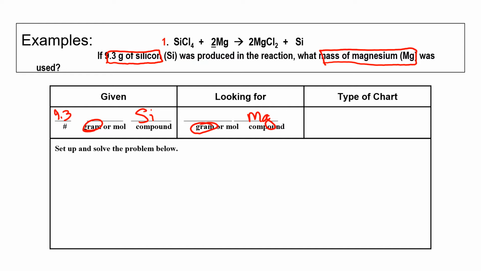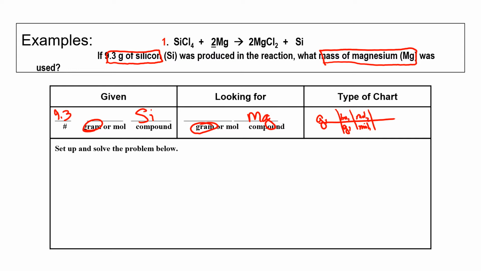Since this assignment today is grams to grams, we know that grams of one to grams of another is a 3-step chart. And so it should look like grams of 1 by the molar mass, grams of 1 to mole of 1. Then this will be whatever is in the equation, mole of 1, mole of 2.